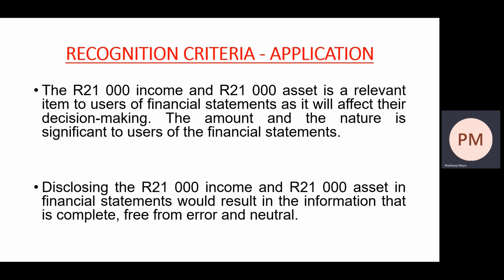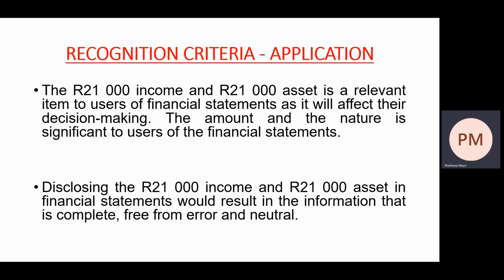So for the recognition criteria, the 21,000 income and 21,000 asset is a relevant item to users of financial statements as it will affect their decision making. The amount and the nature is significant to users. So disclosing the 21,000 income and 21,000 asset in the financial statements would result in information that is complete, free of error, and neutral.